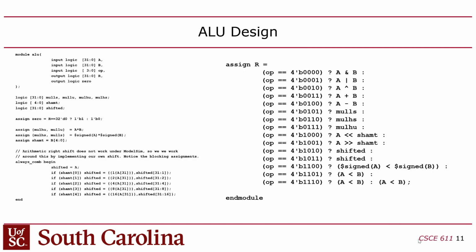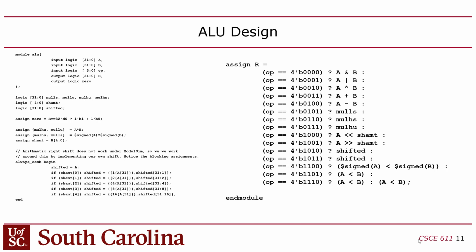But basically, this is the ALU code, and we've cleaned this up quite a bit to try to make it easy to read. But basically, you can see how it works. We have some assigns over here that pre-calculate the multiplies.